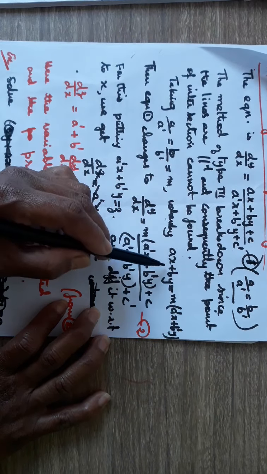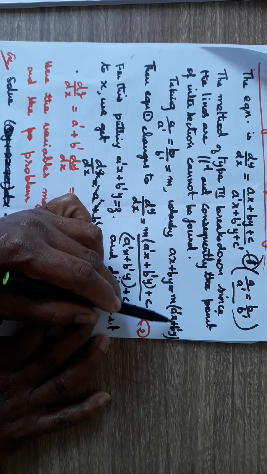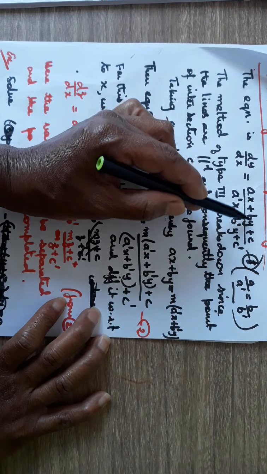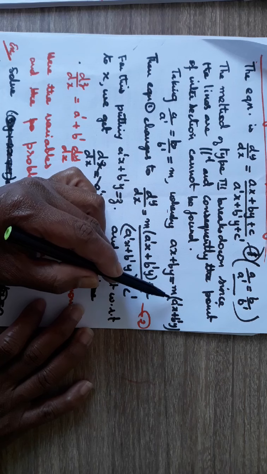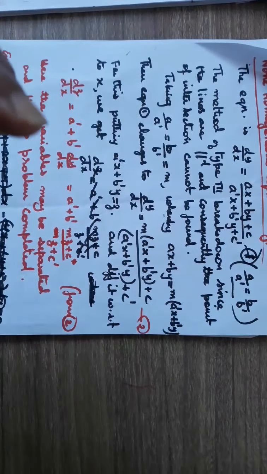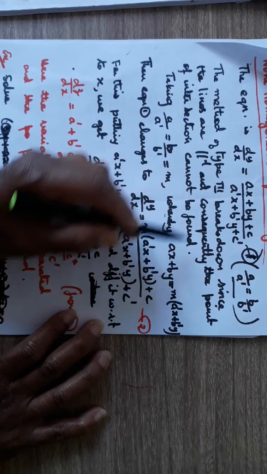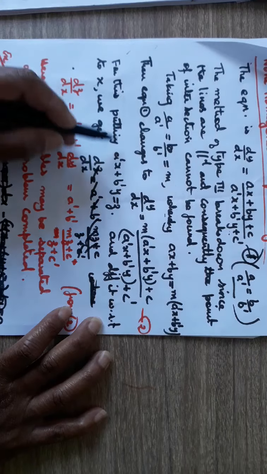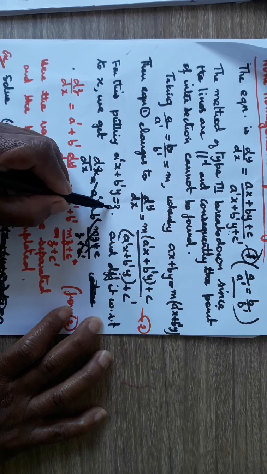Now in this equation, replace ax plus by by m times (a prime x plus b prime y). So equation 1 reduces to dy/dx equals m times (a prime x plus b prime y) plus c, divided by the denominator, which remains as it is. This is equation 2. Now put a prime x plus b prime y equal to z.